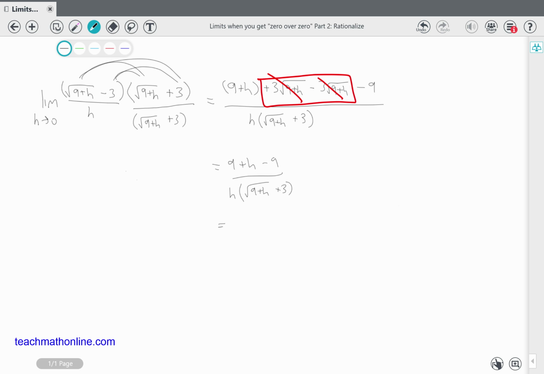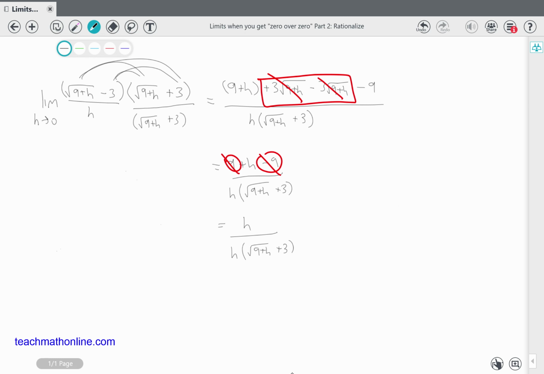And we can see that these 9's can cancel out. So we are now left with h over h times the square root of 9 plus h plus 3.